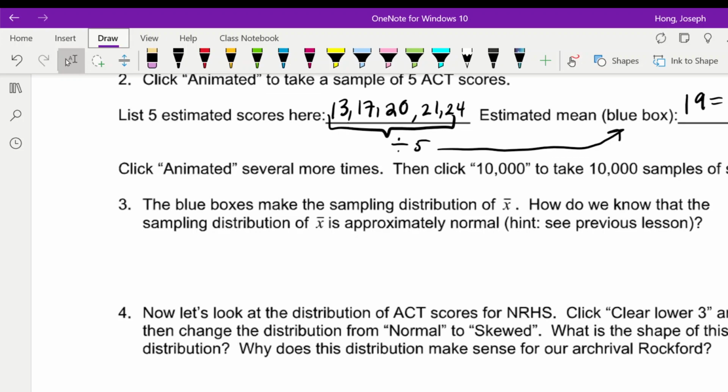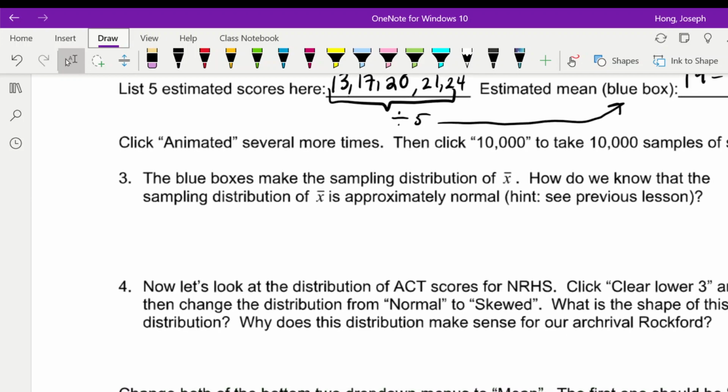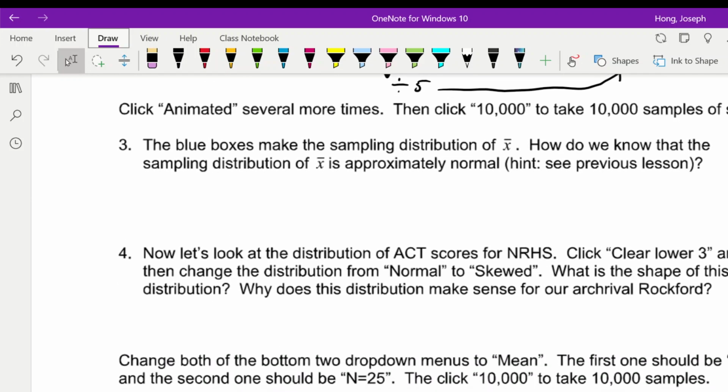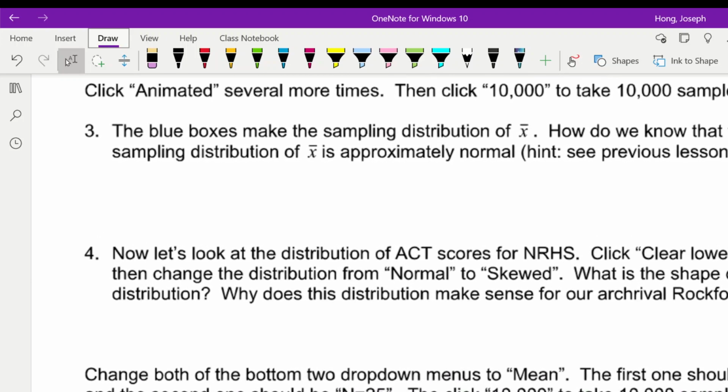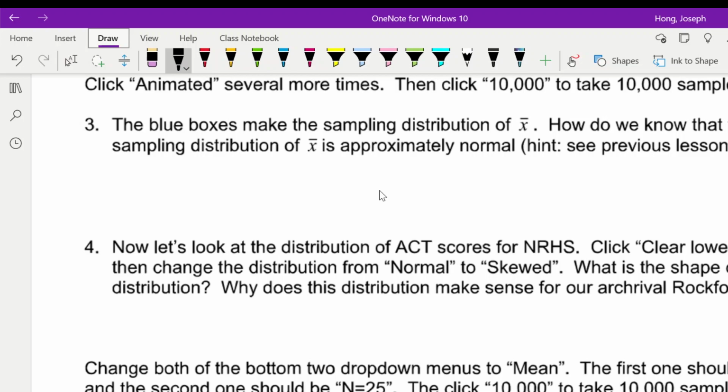So how do we know the sampling distribution of X bar is approximately normal? The population distribution is approximately normal. So the shape of the population is normal.